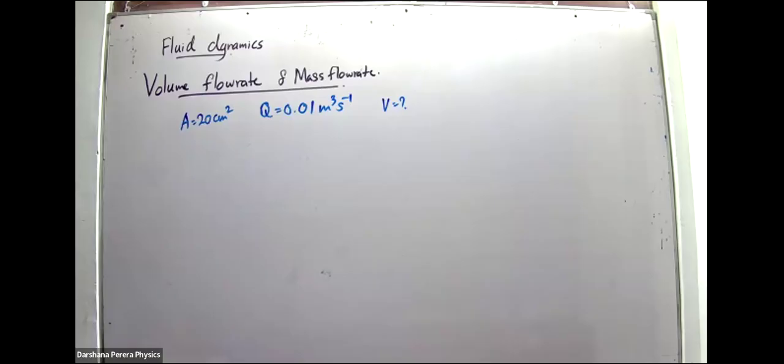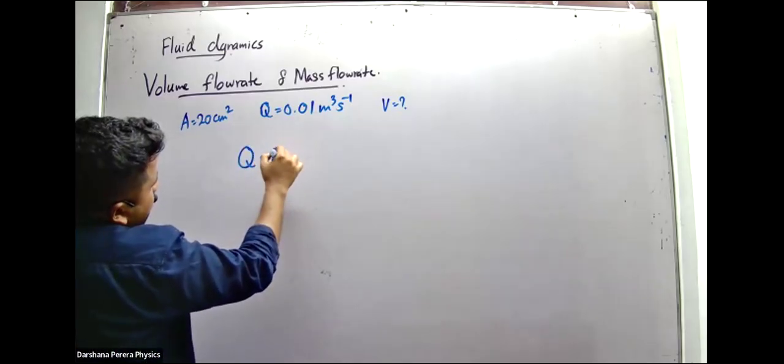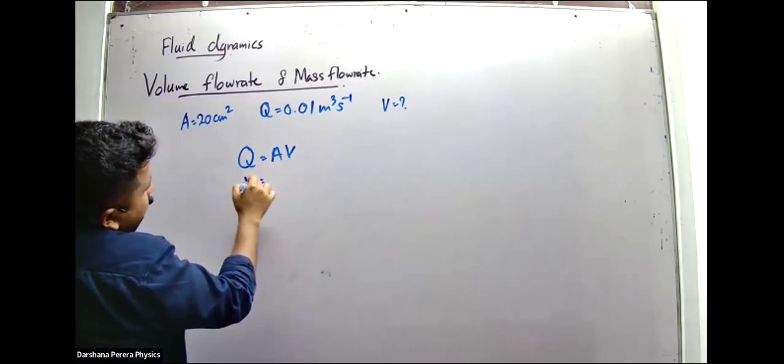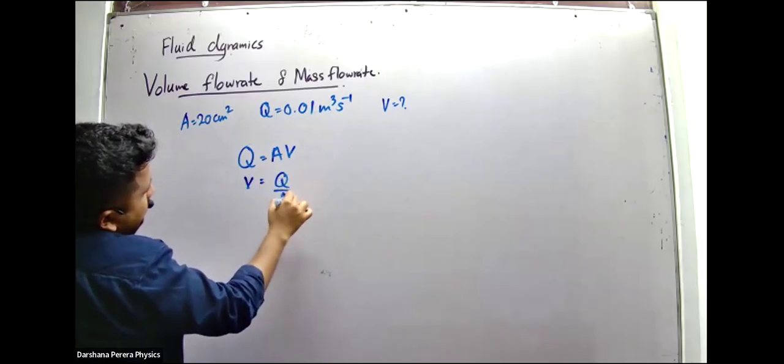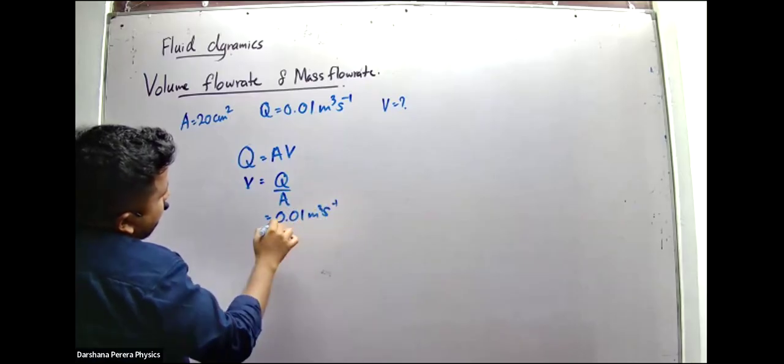Find out. Q is, you know, we have to find v. v equals Q over A. Q means 0.01 m cubed s to the minus 1.